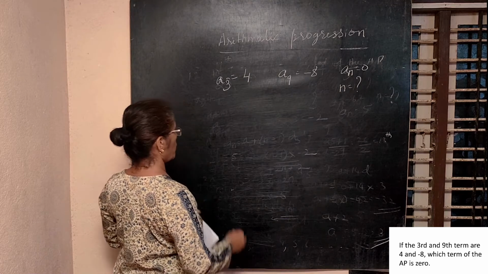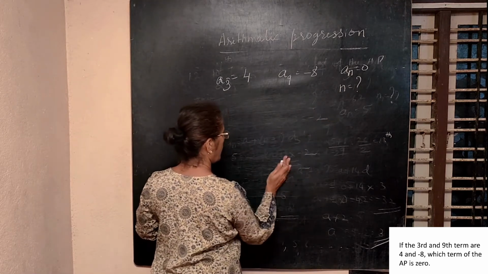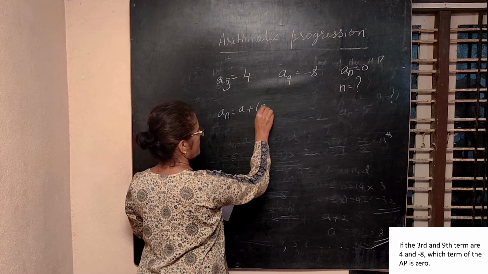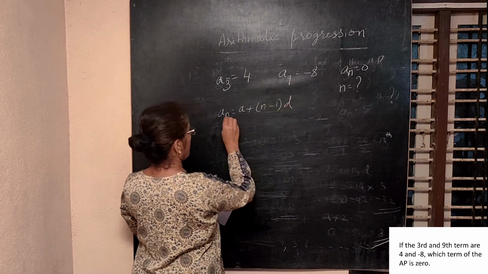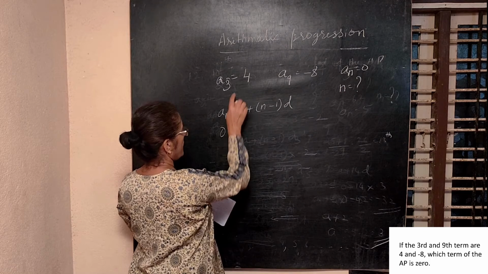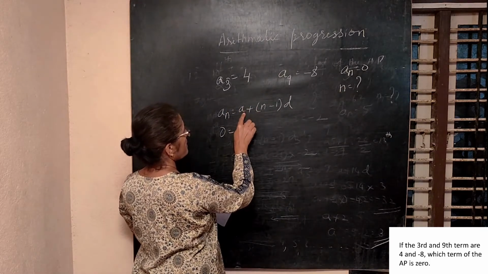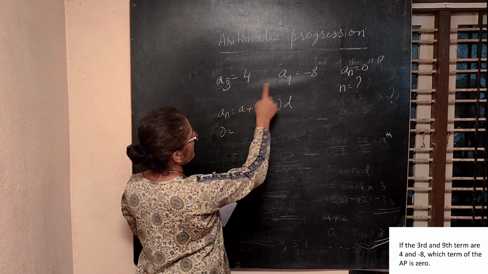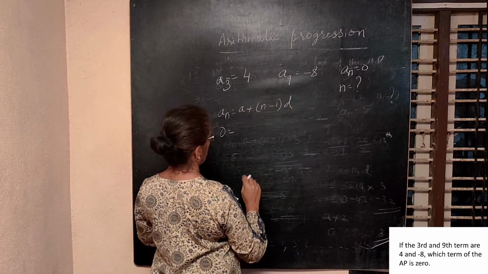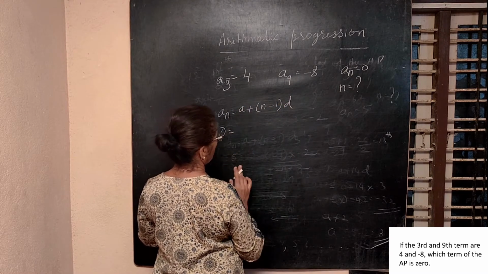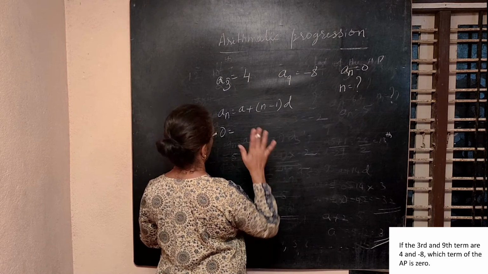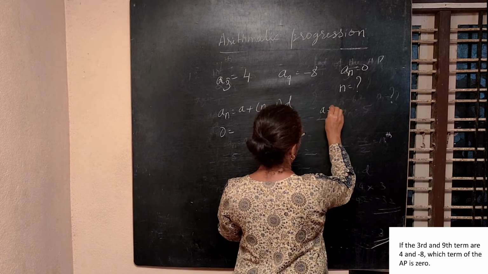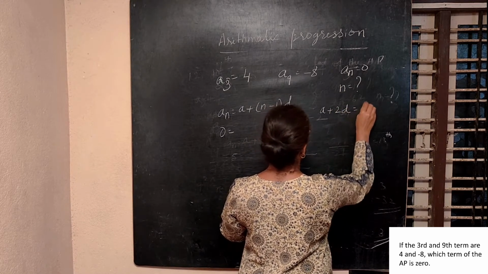So again I go to the same formula. An is equal to A plus n minus 1 into D. An is 0. A3 is equal to 4. A9 is equal to minus 8. So by this I cannot make out what is A, what is D. So A3 is A plus 2D is equal to 4.